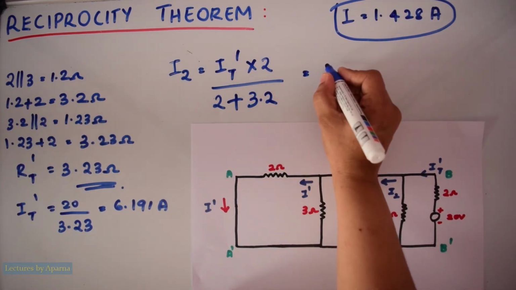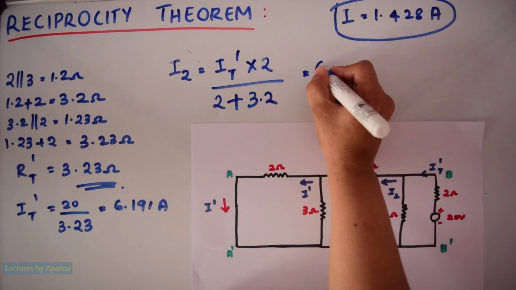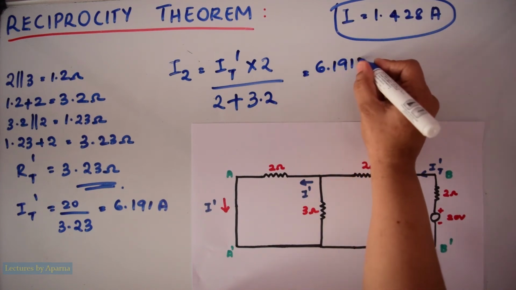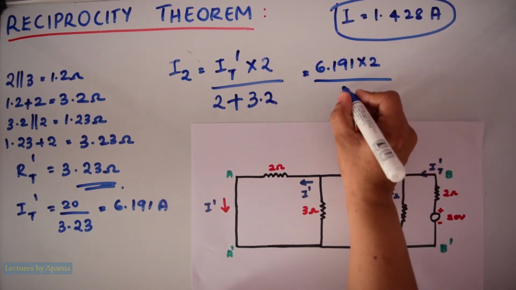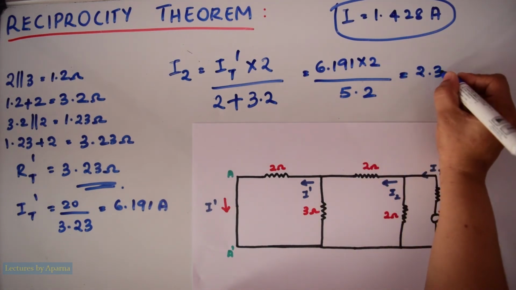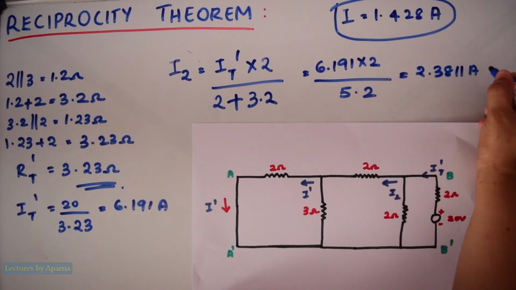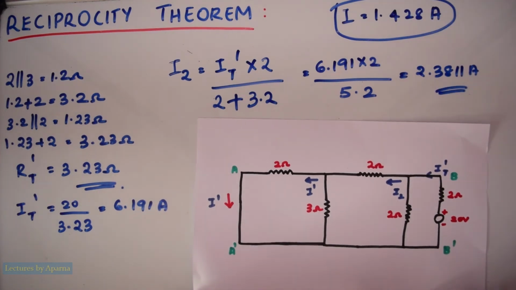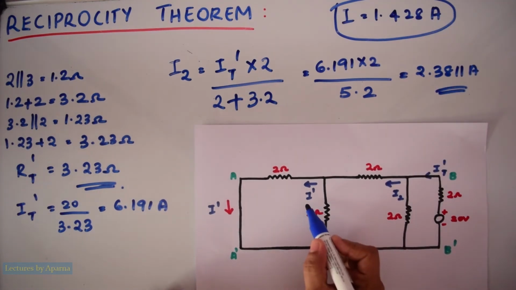This is equal to, the value of IT dash is 6.191 into 2 by 5.2, which is equal to 2.3811 ampere.